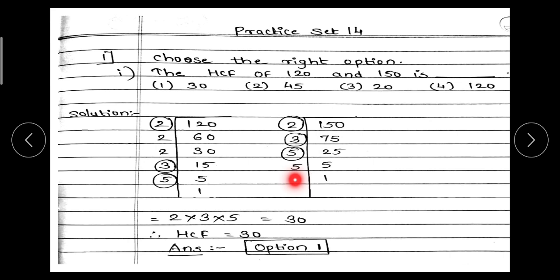Now we have to take common factors. So common factors are, I can see here, 2 and 2 is a common factor. So I have written 2. Then we have 3 and 3. Second common factor we have got, that is 3. Third common factor we have, that is 5.